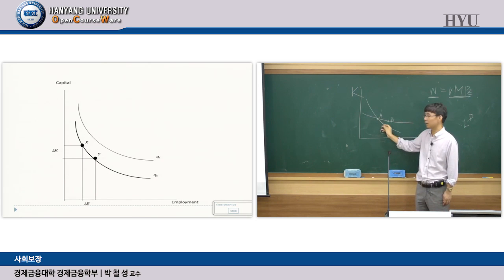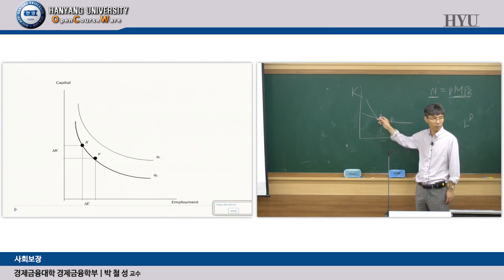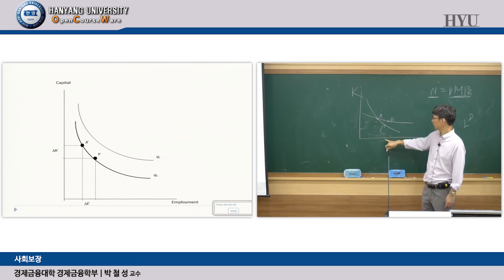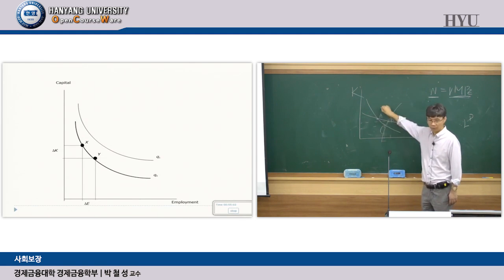And A and C are on the same isoquant curve, so A and C have the same output, right? So B and C must give you the same output because they are all equal to A, but it doesn't make any sense if you look at the diagram. Higher employment, higher capital, same output, that doesn't make sense. So it shouldn't be the case.